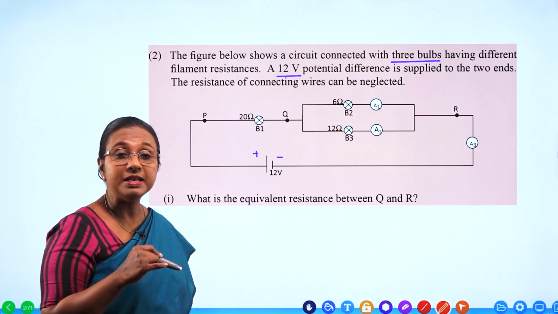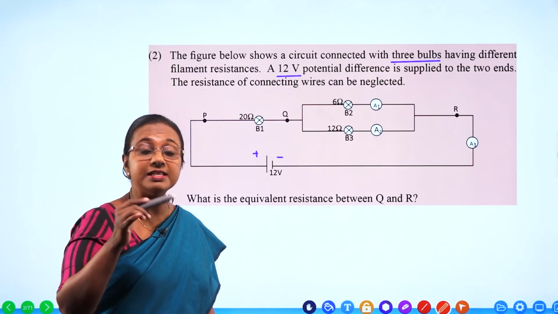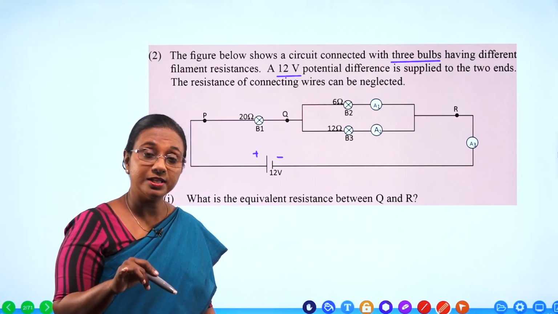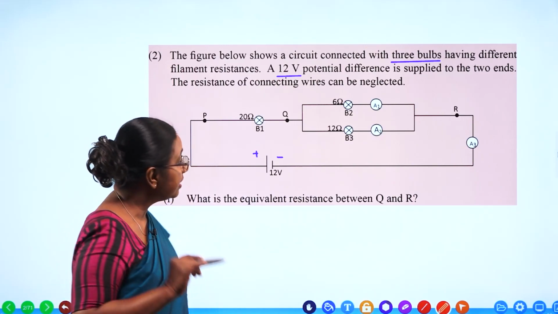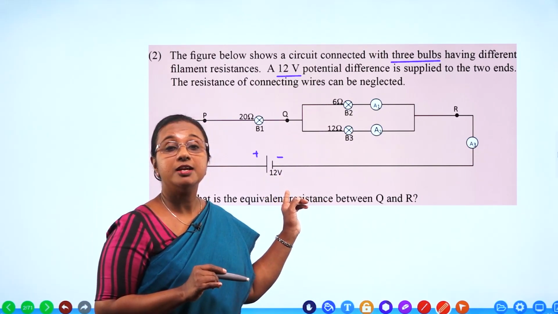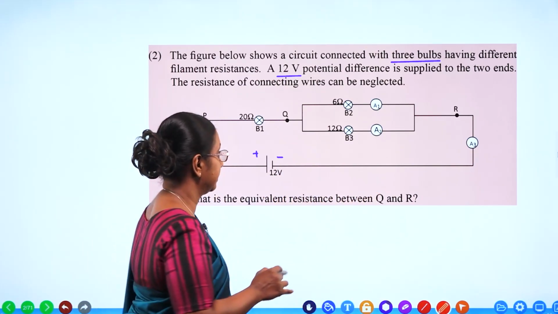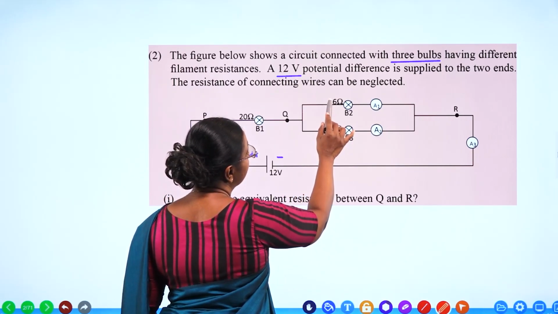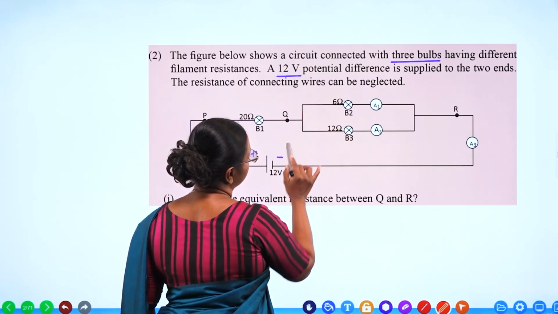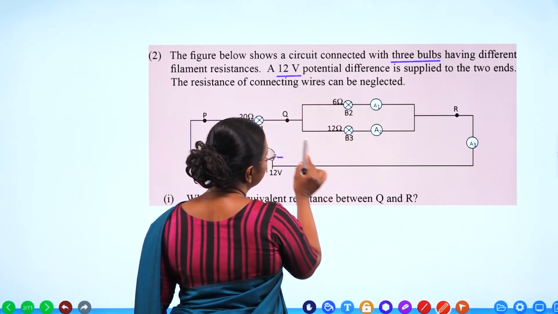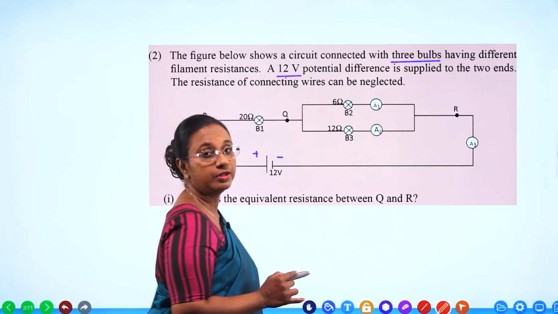In a parallel combination, you all know the current is divided depending on the resistance. And also you all know more current will flow through less resistance. So here if you look at the values 6 ohm and 12 ohms, more current will go through this, less current will flow through this.